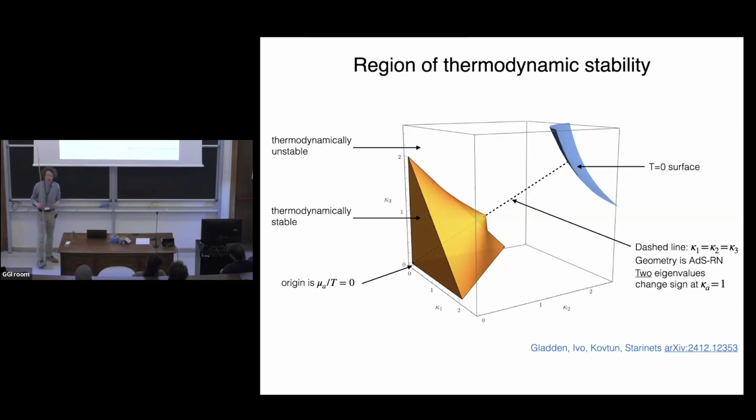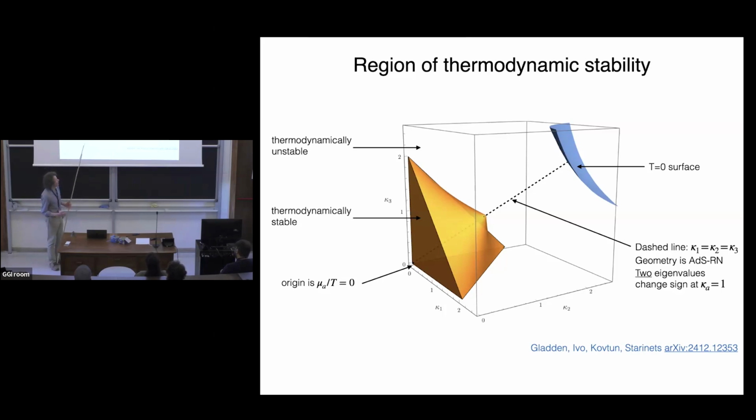The reason I'm showing this line is that the geometry along this line is called AdS Reissner-Nordstrom geometry. AdS-RN is the geometry most commonly used to model the effects of finite density in holography. And you can see that if you go along this line of all three chemical potentials equal to each other, eventually you will move to a region that is thermodynamically unstable.